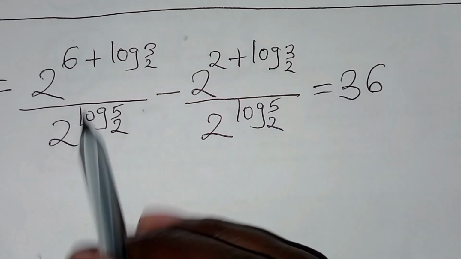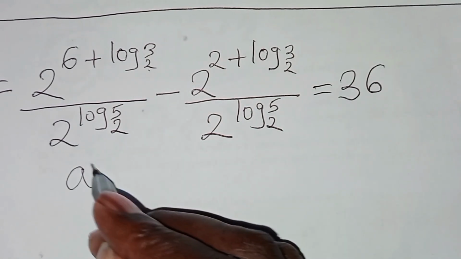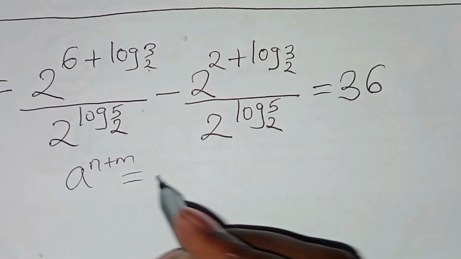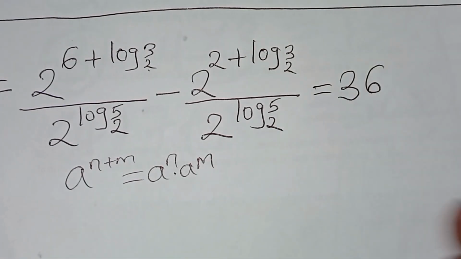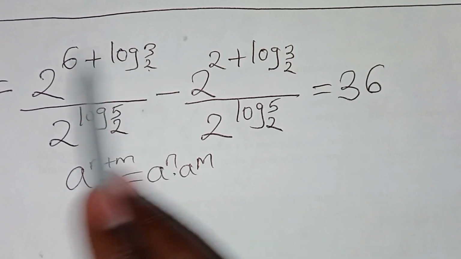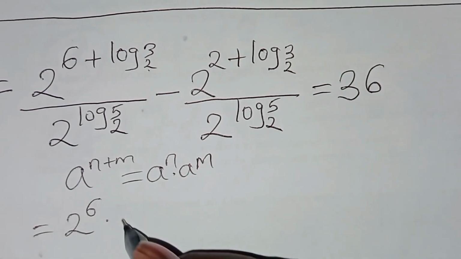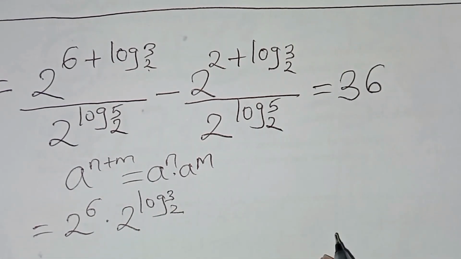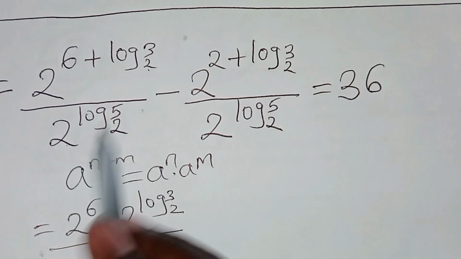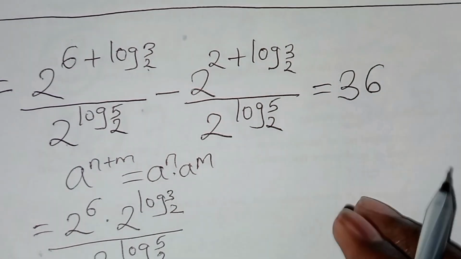Now basically here, 2 to power 6 plus log 3 to base 2 is in the form of 8 to power n plus m, which you can express as 8 to power n multiplied by 8 to power m. So in the numerator here, we will have 2 to power 6 multiplied by 2 to power log 3 to base 2 divided by 2 to power log 5 to base 2.